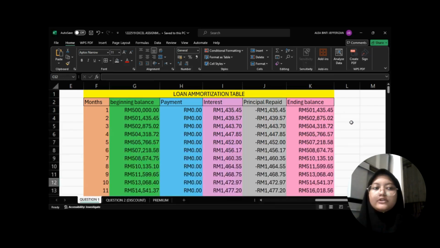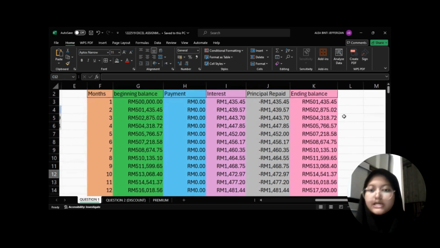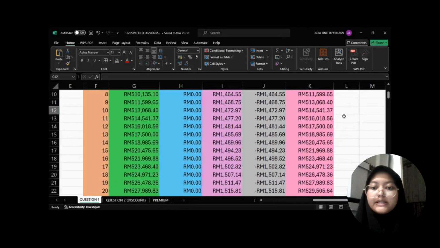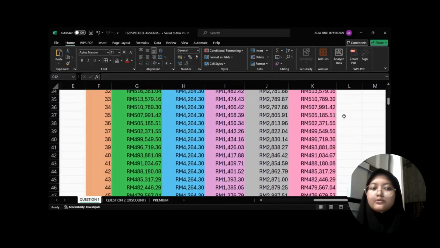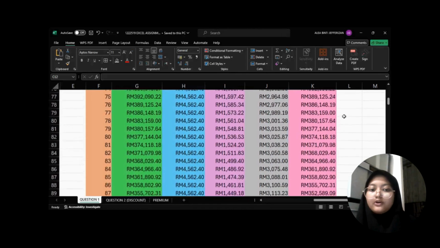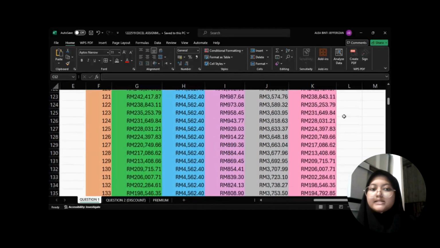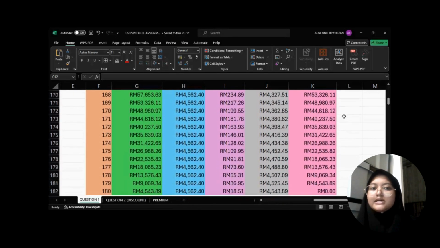In the loan amortization table, there will be 6 columns: months, beginning balance, payment, interest, principal repaid, and ending balance. First, we key in the beginning balance, which is 500,000, the amount of loan that Shahrul takes, and then the payment that we already found using the PMT. Next is interest. How to calculate interest?